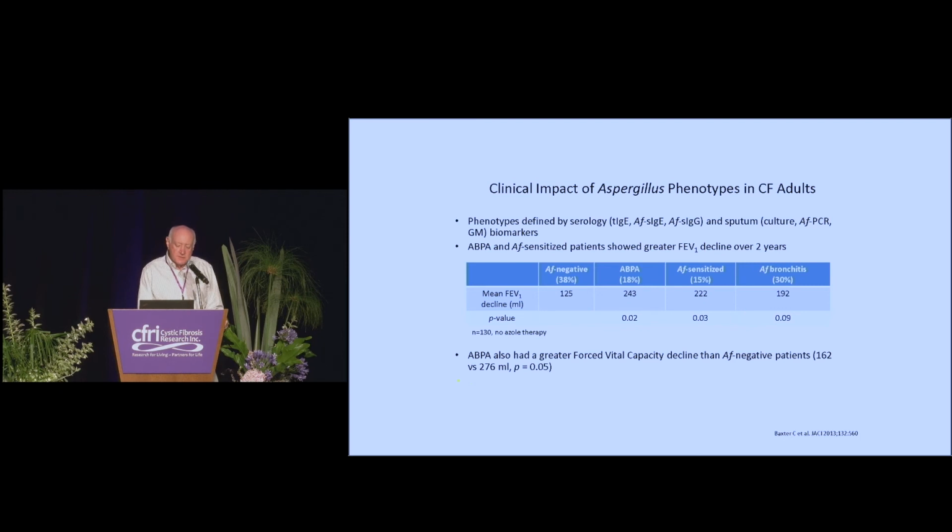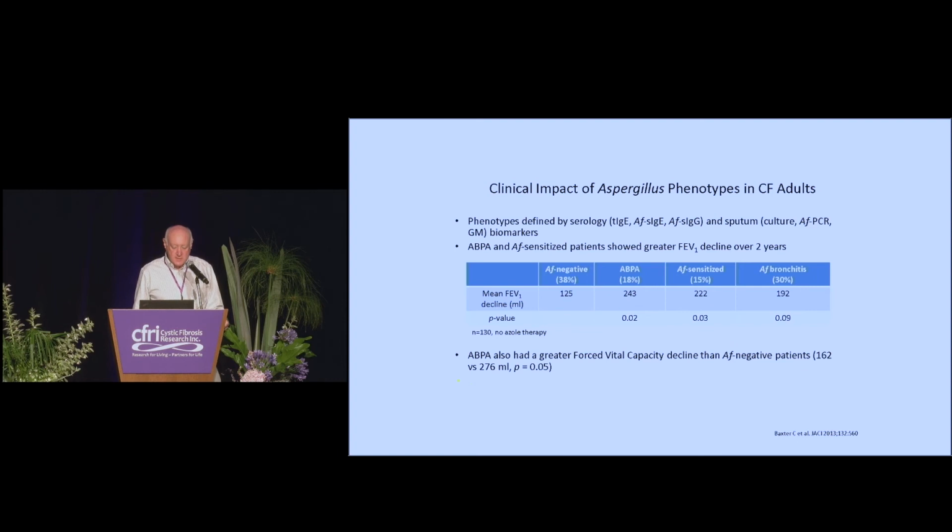And they were able to differentiate these based on some tests that they have developed using blood markers of the immune response, but also some markers in the sputum of the amount of fungi in the airways using some biomarker testing.